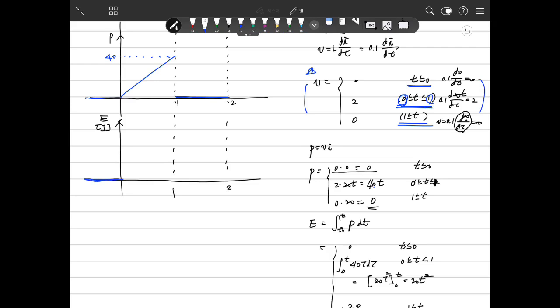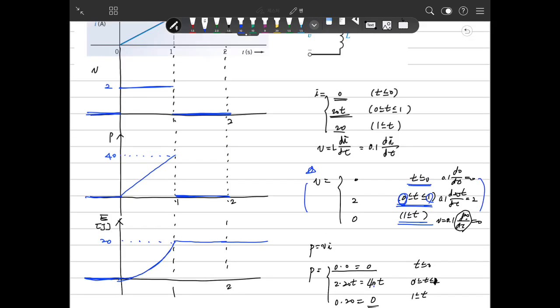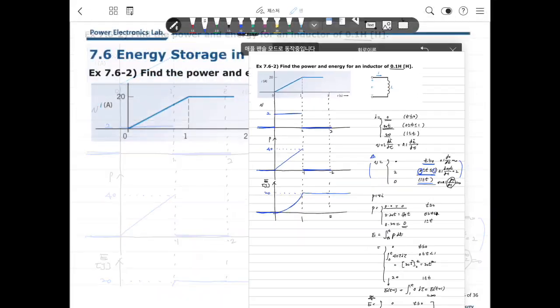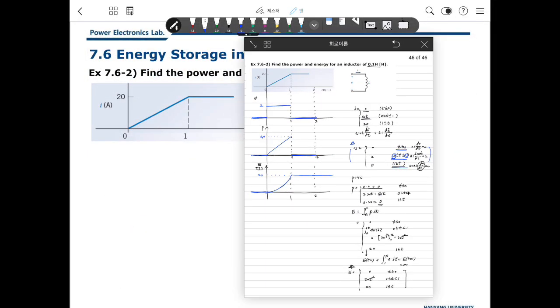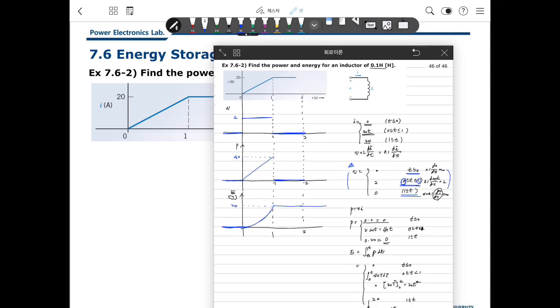There will be 0, and at 1 second there will be 20, increasing like a second-order waveform, then it will be constant here. And that's the waveform of the current, voltage, power and energy this way.